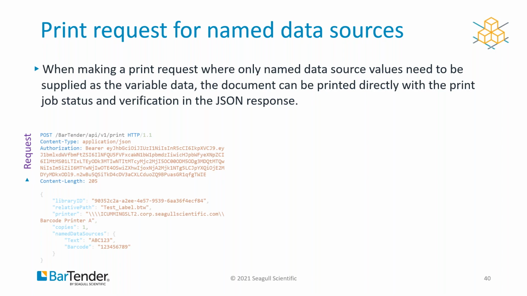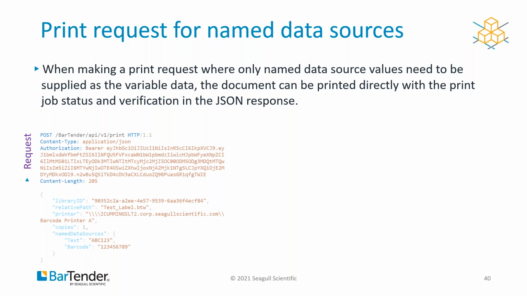The first is by way of named data sources in the BarTender document. So for those who have often used BarTender to design a document, you can set a name for a data source in that document. So a data source is used by a text or barcode object, perhaps a picture object, to set variable data for that object.